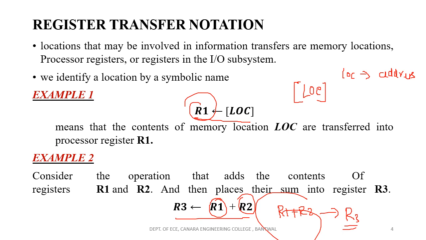This type of instruction is called the register transfer notation, or RTN. Always the right hand side of the equation represents the value, whereas the left hand side represents the location to store the result.